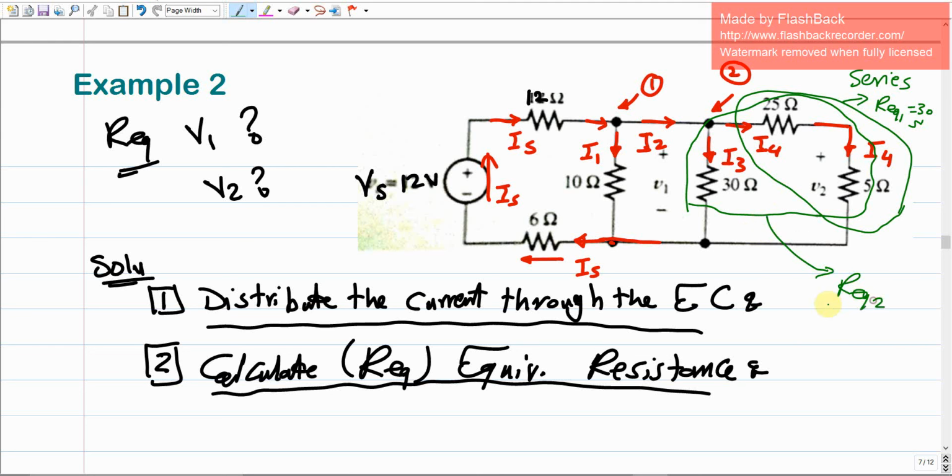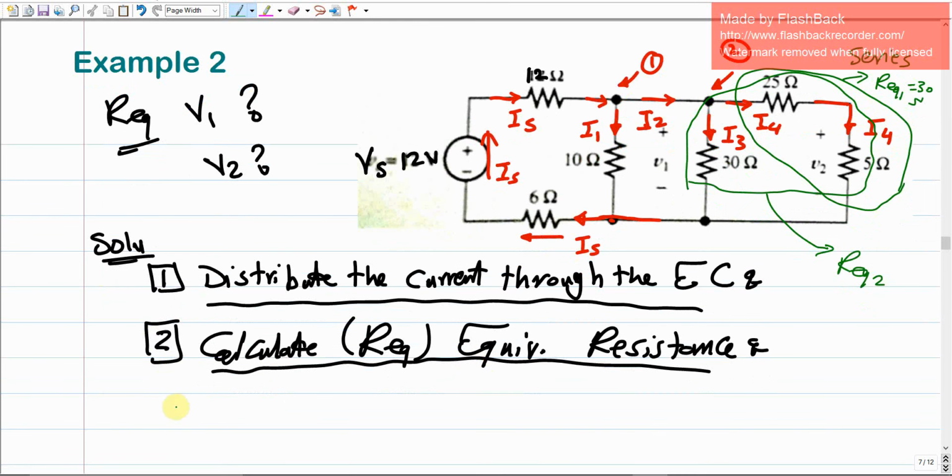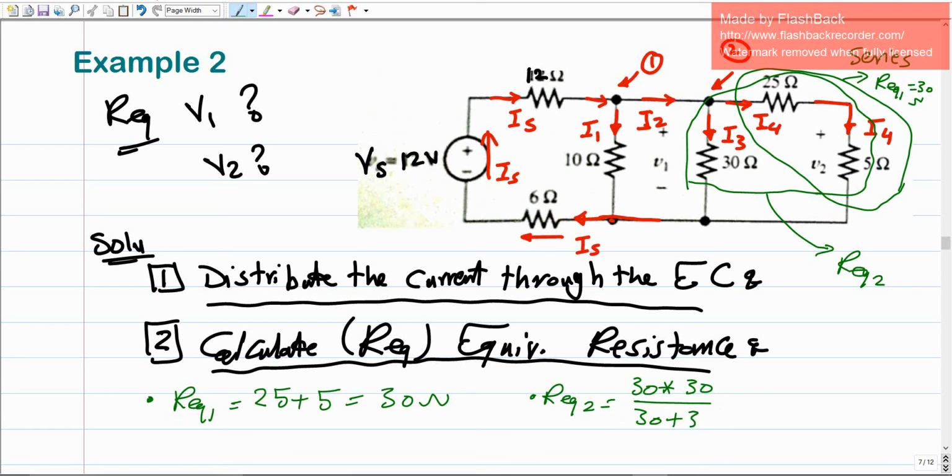R equivalent 2. Where if we did the calculation for R equivalent 1, we got it by the 25 plus the 5 ohms, which gives us the 30 ohms. This is for R equivalent 1. For R equivalent 2, it should be between parallel, which should be the 30, the sum of these two, times another 30, which is this 30 ohms, because it is parallel, divided by their sum, which is 30 plus 30.